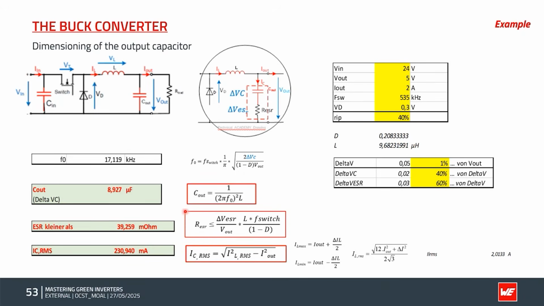I can plug that into the equation. Everything else is known now. It's 39 milliohms worth of resistance. And finally, we can calculate the ICRMS, which is 230 milliamps. So I have got now all of the specs to select an appropriate capacitor for my design.